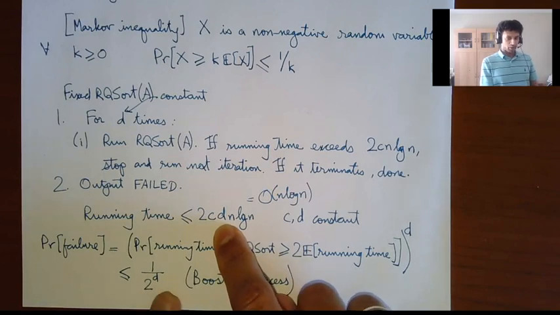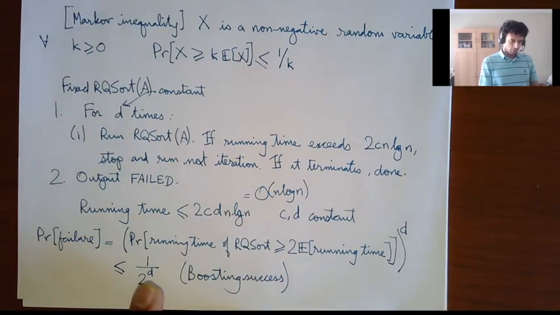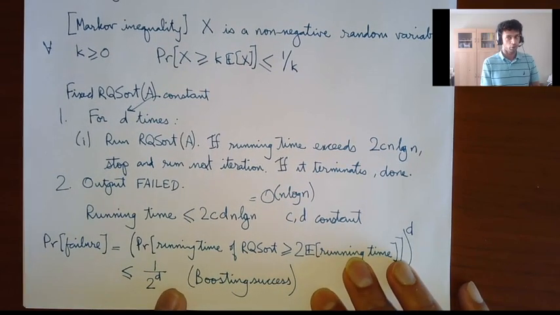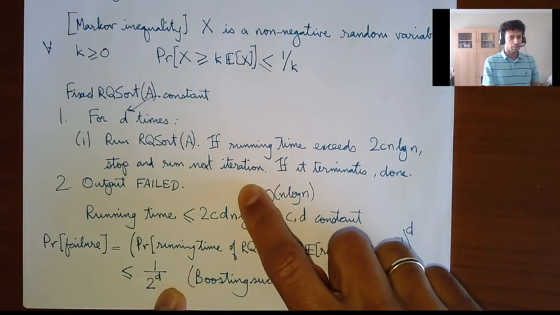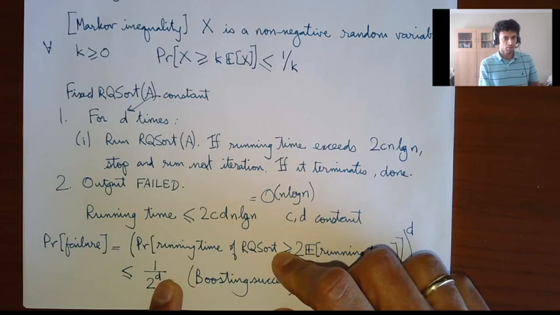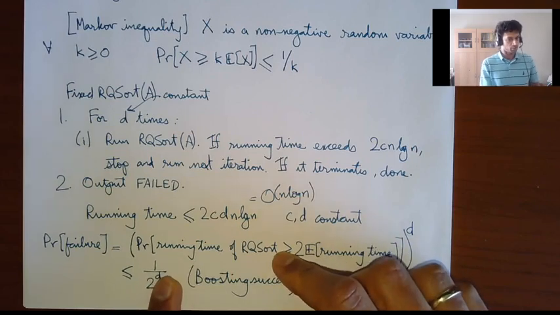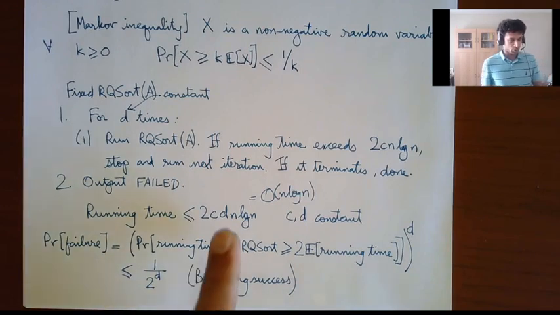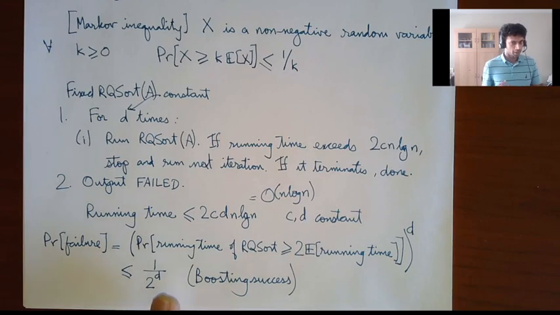So as you increase d, you increase the runtime bound, but you exponentially decrease the failure probability. This is important. For a linear increase here, you get an exponential decrease here. So it's fairly cheap to decrease the failure probability. And this fact that you do linear here and exponential over there is going to become an important part of the analysis that we will revisit over and over again.